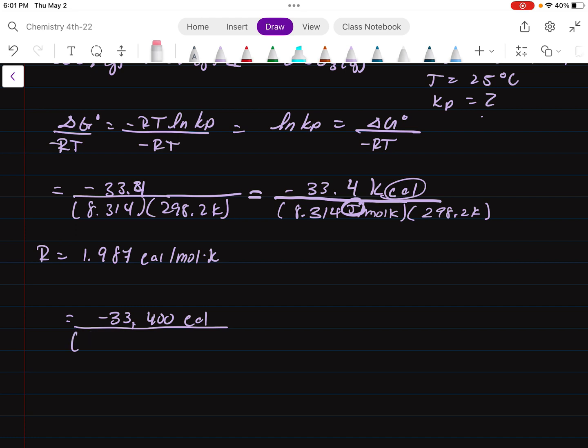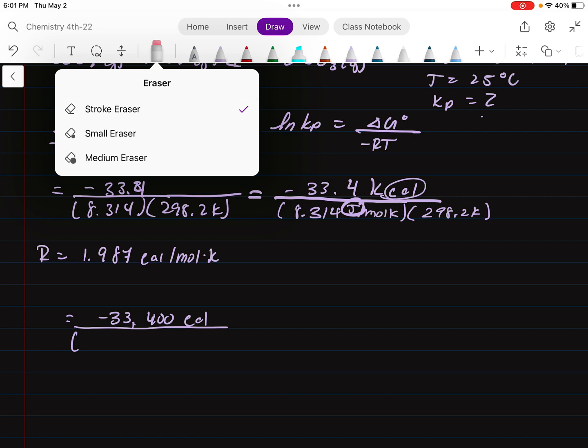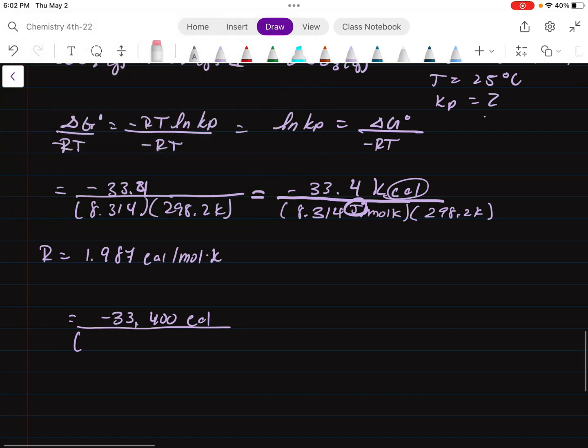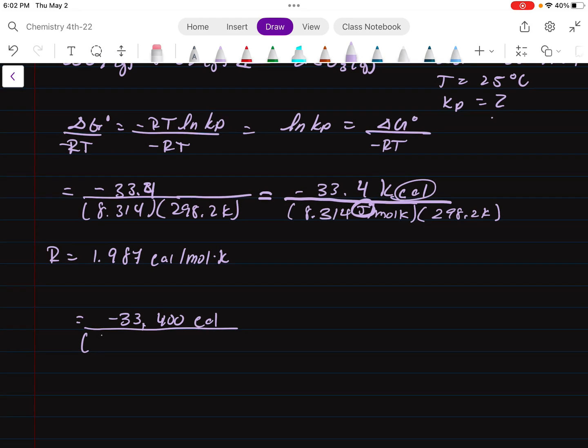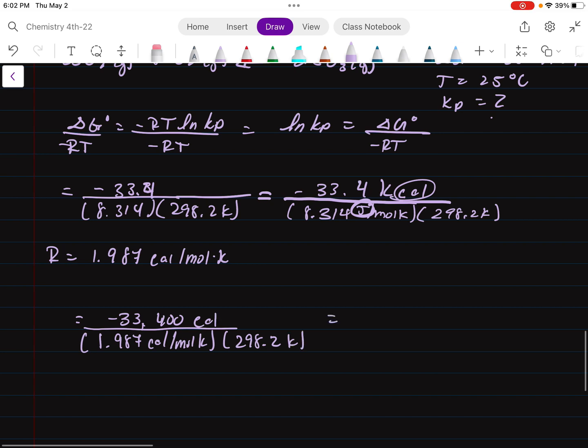Here we go. 1.987 calories per moles K times 298.2 K. Okay, calories are going to cancel.